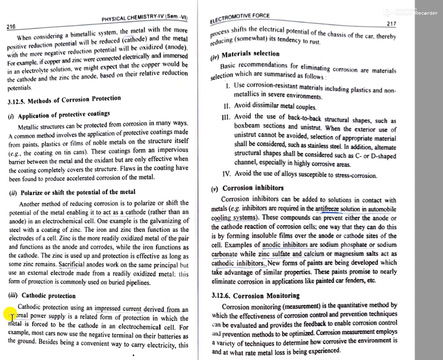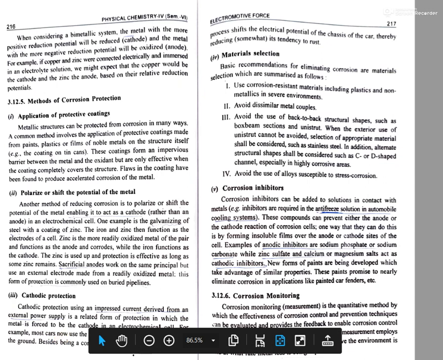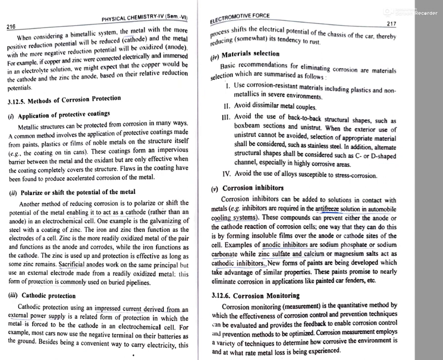For example, most cars now use the negative terminal on their batteries as the ground. Besides being a convenient way to carry electricity, this process shifts the electrical potential of the chassis of the car, thereby reducing its tendency to rust. So this is a common technique, this impressed current method.